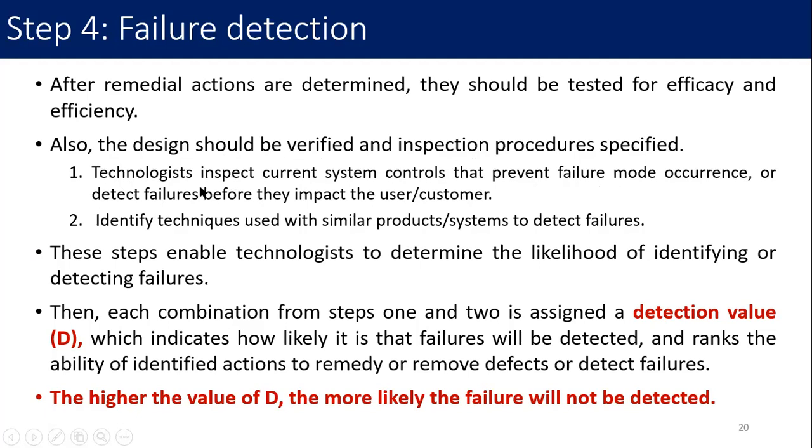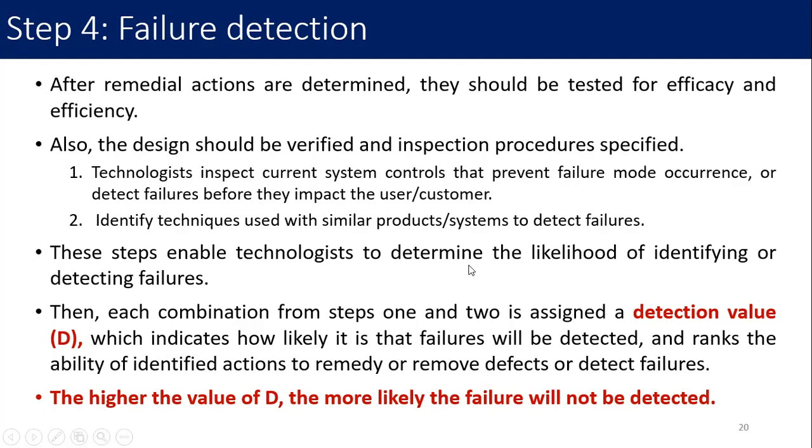Before going to the customer level, we have to identify techniques used in similar product systems. Okay, I will explain with some examples. So detection: each combination of steps 1 and 2 is assigned a detection value. D is the detection value, which indicates how likely it is that the failure will be detected.